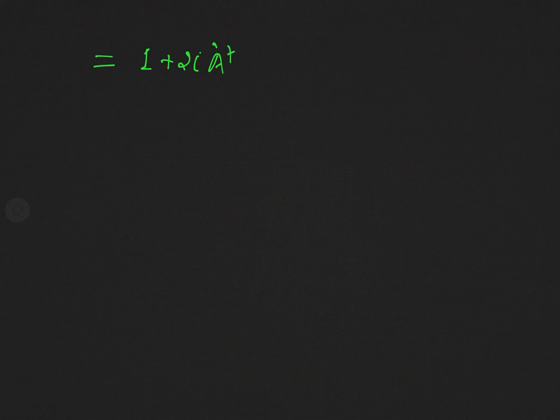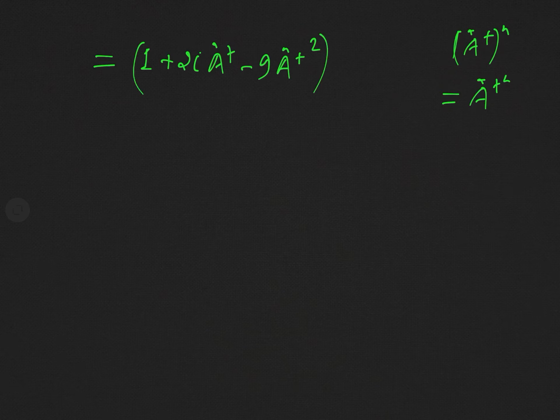Then the term is minus 9 A hat square, and we know A hat dagger to the power n is equal to A hat dagger n. So this will be minus 9 A hat dagger square.